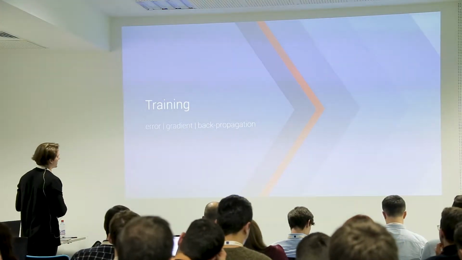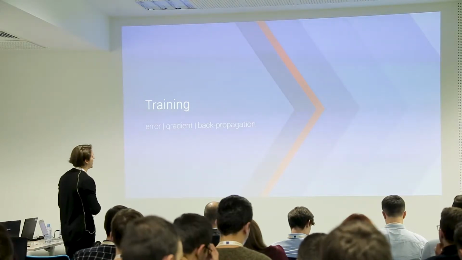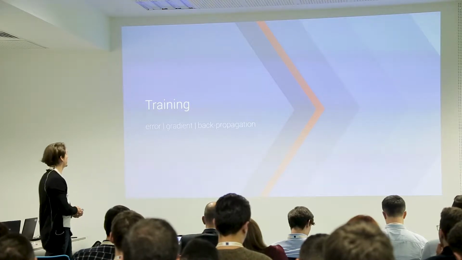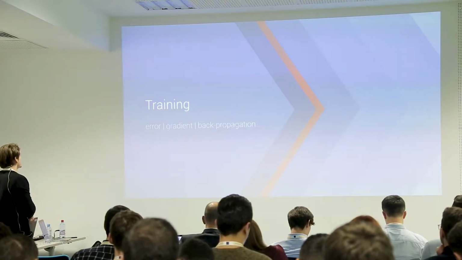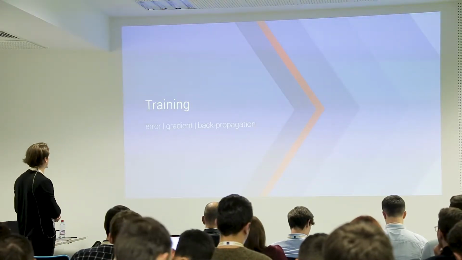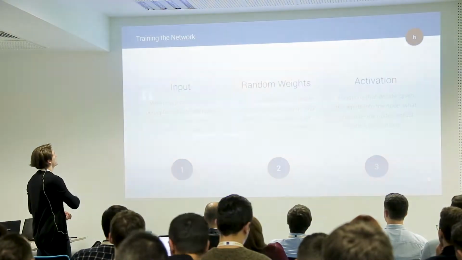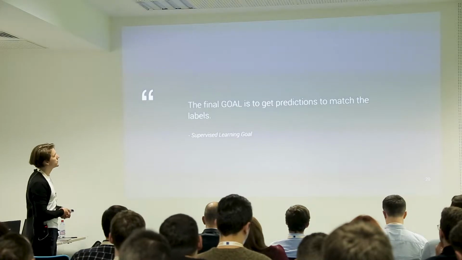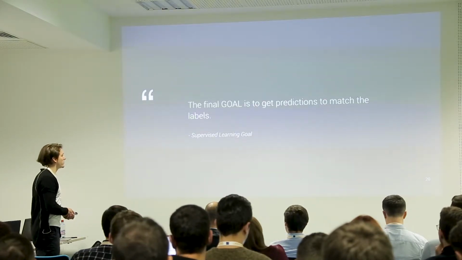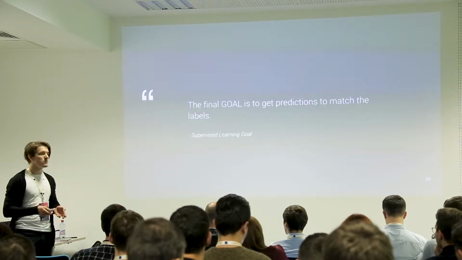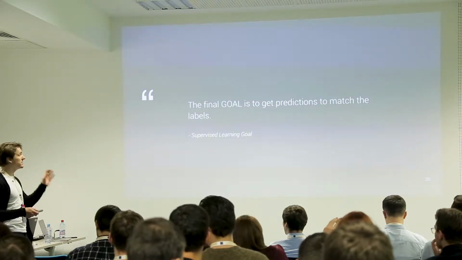So how do you train a neural network? How do you make it learn to predict your output? This is the most tricky part in neural networks. Let's go back. The final goal is to get predictions that match the labels that you have. So now we are talking about supervised learning. That means that you have the data, and the data has some labels.